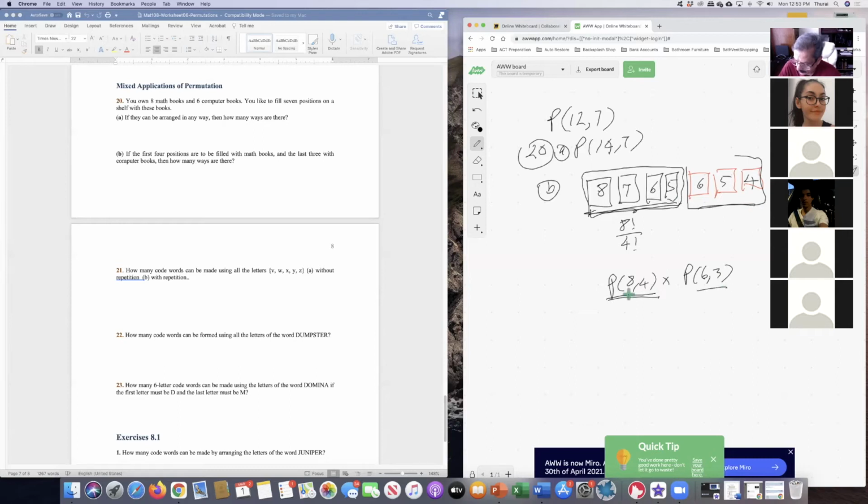And for each one of those, each one here can be combined. So that's why the product. For any one of the arrangements in the first part, all of the different arrangements in the second part can be combined. So that's why the product will be the total number.